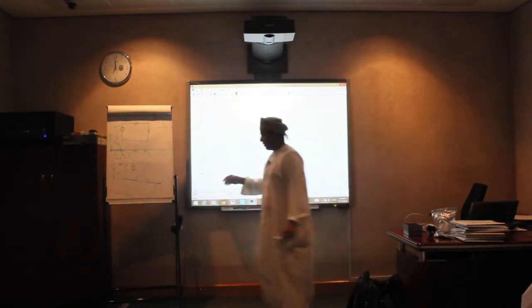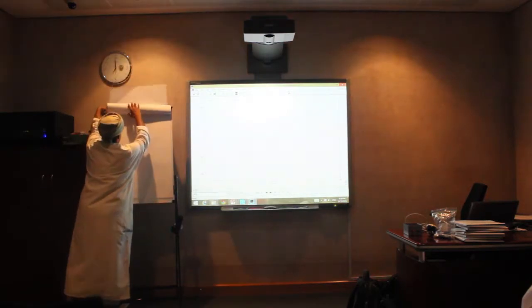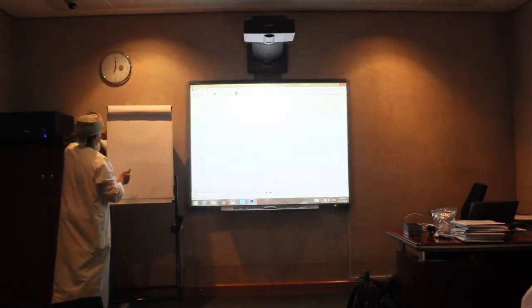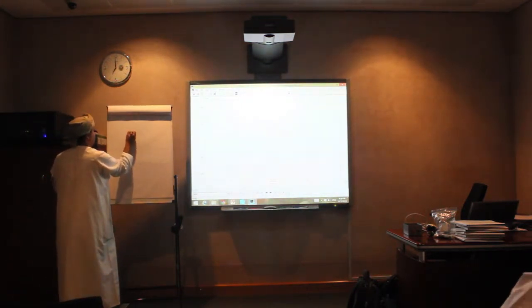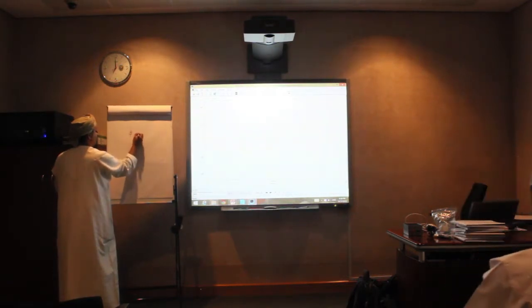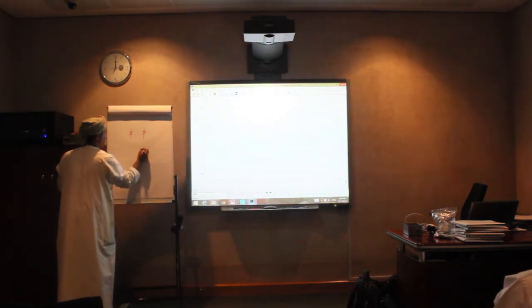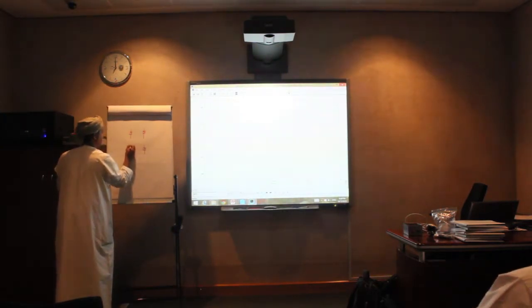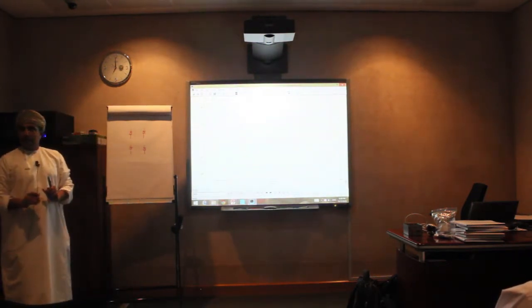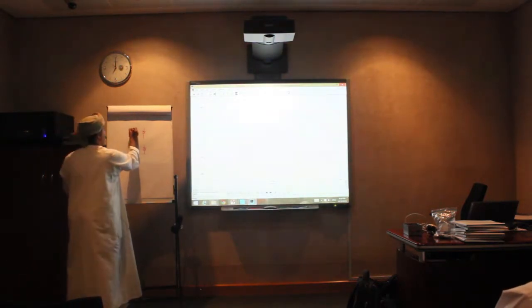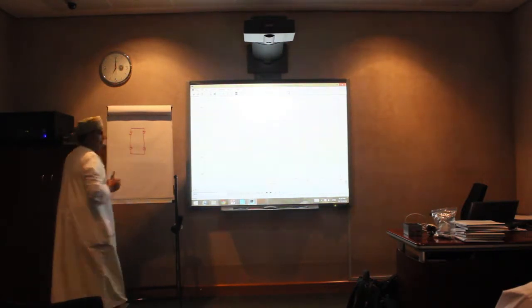So if I look at the 4 diodes circuit, this is the 4 diode, and you can connect them all together like this by wires to make a bridge.